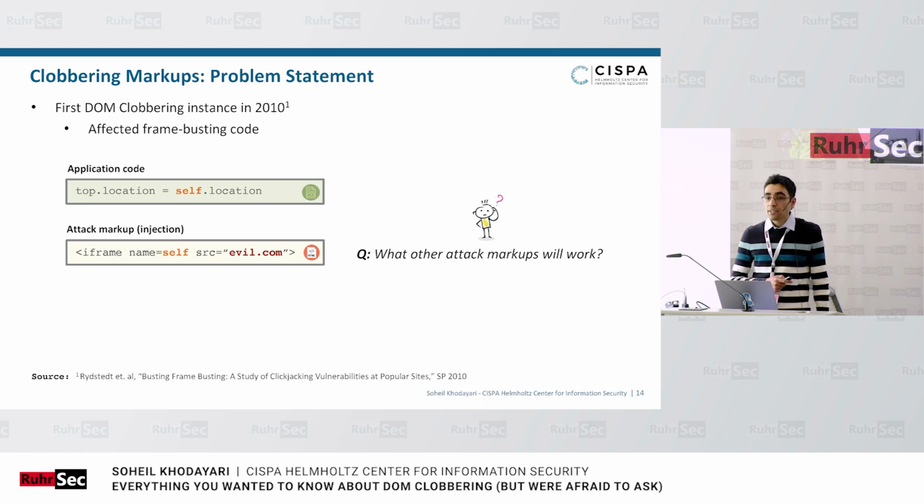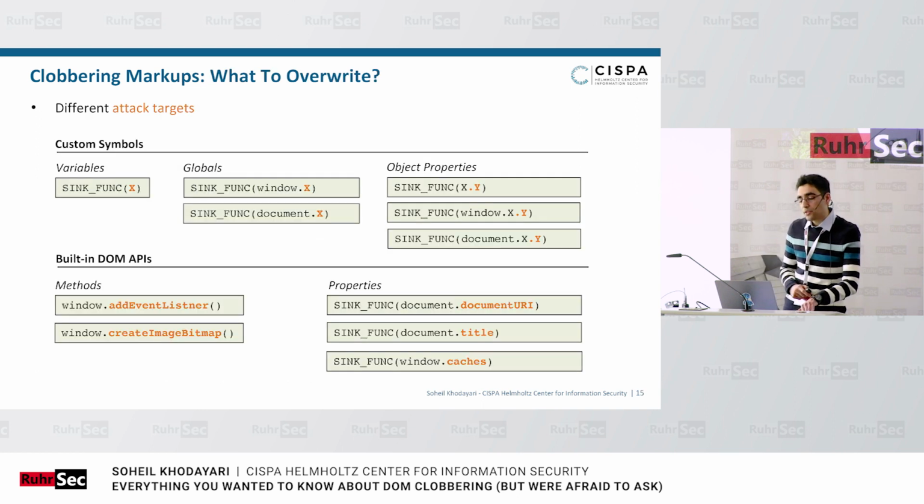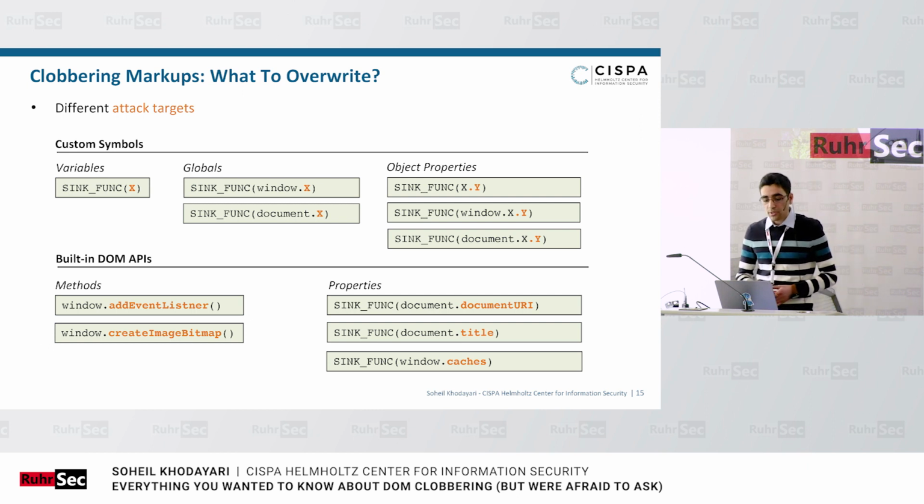And back then, attackers could have used an iframe named self to clobber and override the top window location of web pages, achieving cross-site scripting or open redirections. And one important question here is, what other attack markups will work in addition to an iframe named self? Now, to answer this research question, we first have to answer what types of variables an attacker can overwrite in the JavaScript domain.